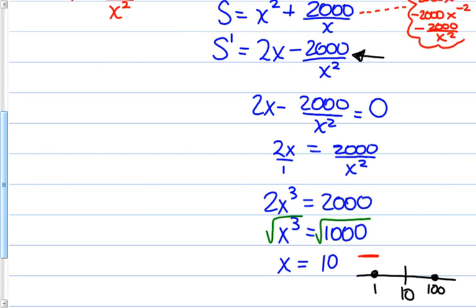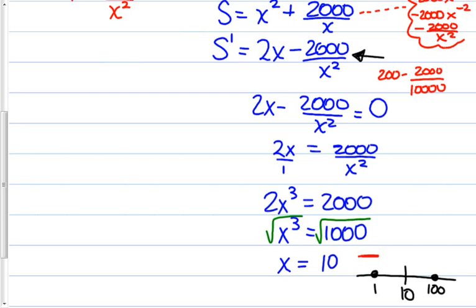If I plug in the 100 that I like so much, I get 2 times 100, 200, minus 2,000 over 10,000, my bad.